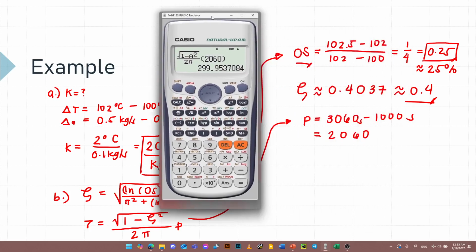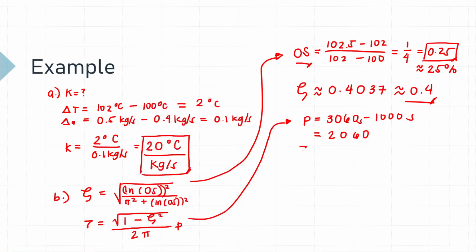Wow. This should be equal to around 300. Roughly 300. Let's approximate just because it's much easier that way. Now that we are given the values for zeta and tau, let's just recall that our g of s, our complete transfer function, is equal to k all over tau squared s squared plus 2 zeta tau s plus 1, because that is the general form.